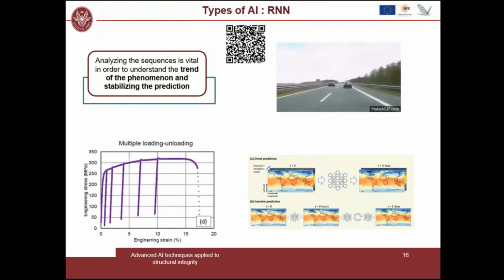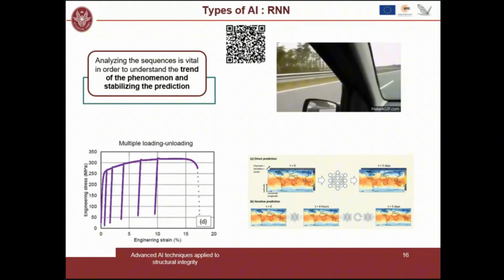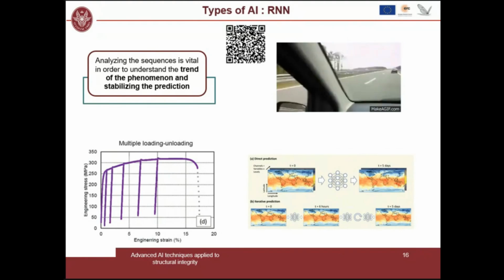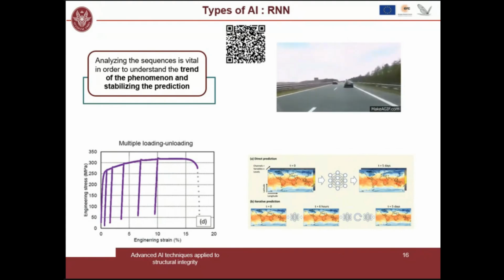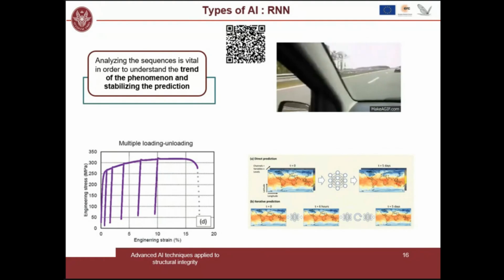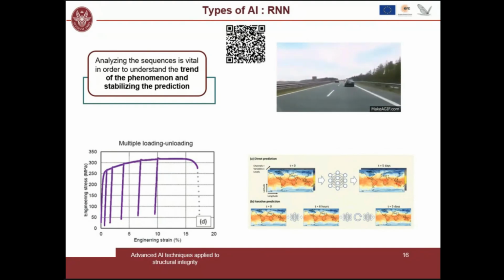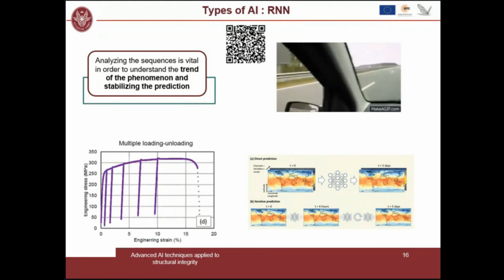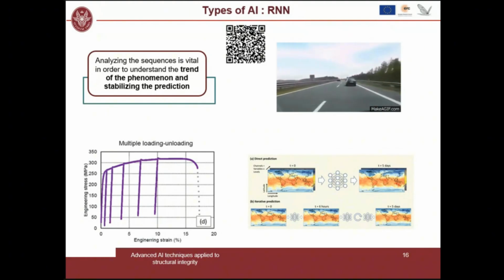And that's not just constrained to weather forecasting, but it's also true for the mechanical behavior of materials. For example, if I pull a specimen, the mechanical behavior is really correlated with the past instant.